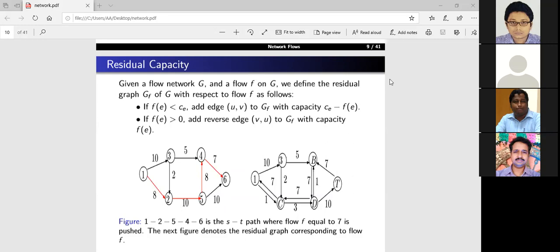That's the beauty of it. And you know that with directed graphs, you can find paths from source to sink simply by depth first search or breadth first search. Okay.